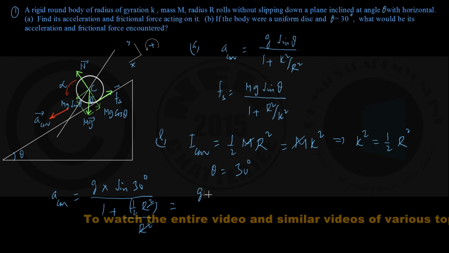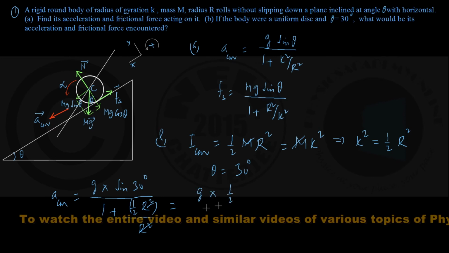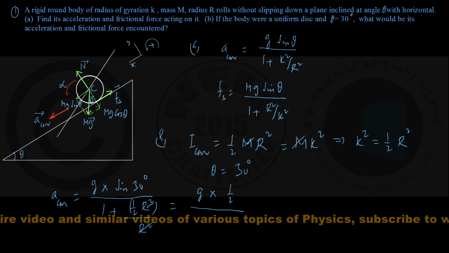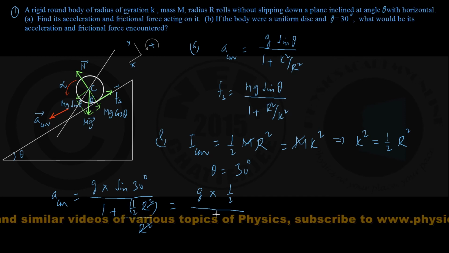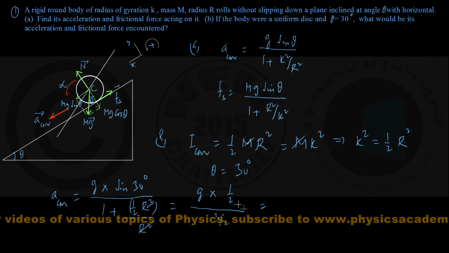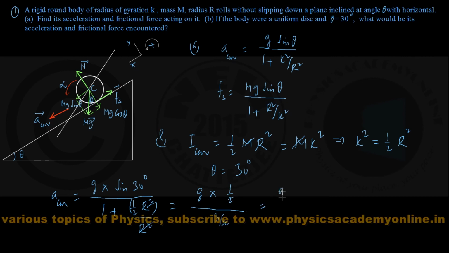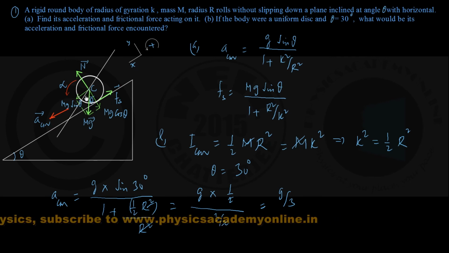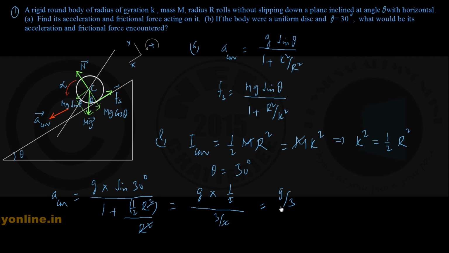We have g sine 30 degrees, which is half. In the denominator we have 1 plus half, that is 3 by 2, and as you can see this is coming out to be g by 3. So we conclude that if this round body is a rigid uniform disk, its center of mass acceleration down the incline is 1/3 of the free fall acceleration, provided theta is 30 degrees.